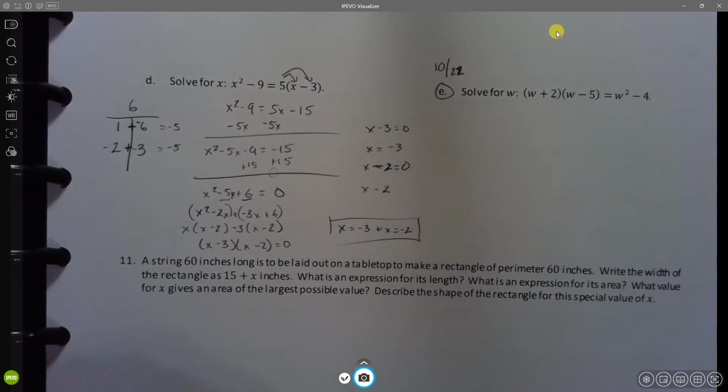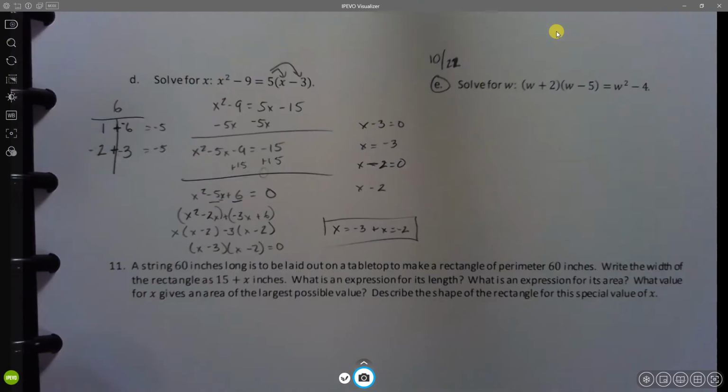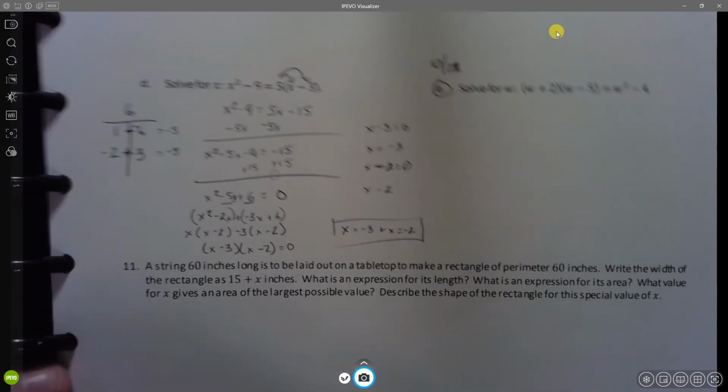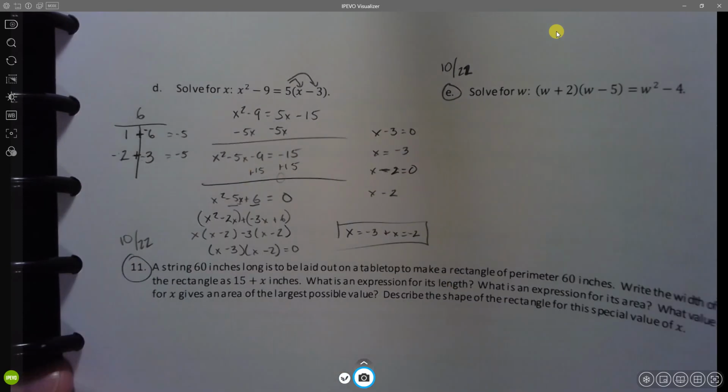So we're going to stop right there for right now. We're going to do 11 for 1022 classwork, okay?